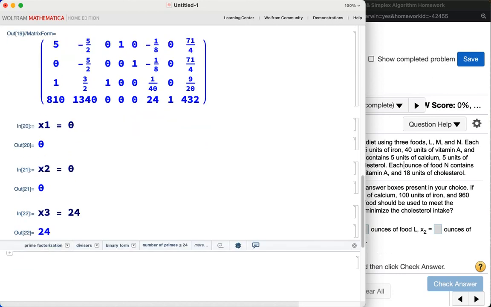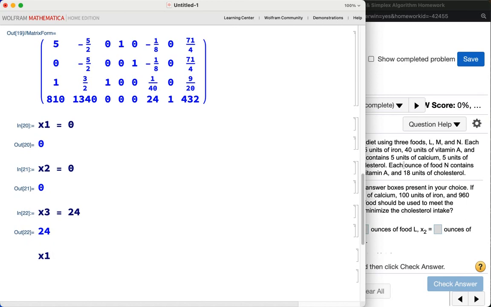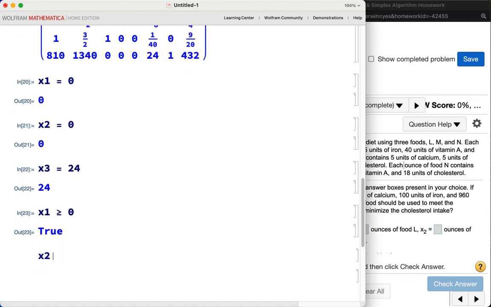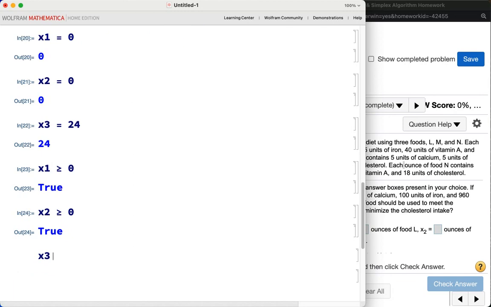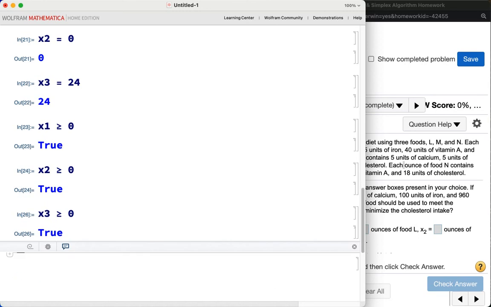Let's look at the restrictions. Is x1 greater than or equal to 0? It's true. Is x2 greater than or equal to 0? That's true. Is x3 greater than or equal to 0? That's true.